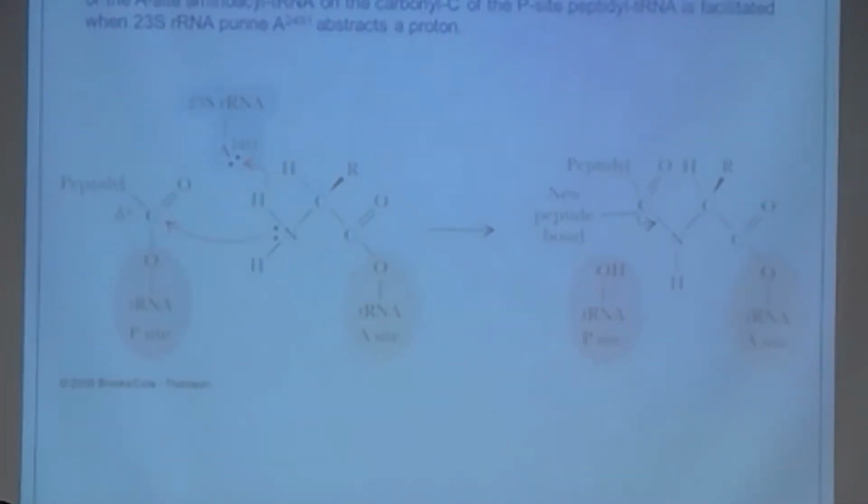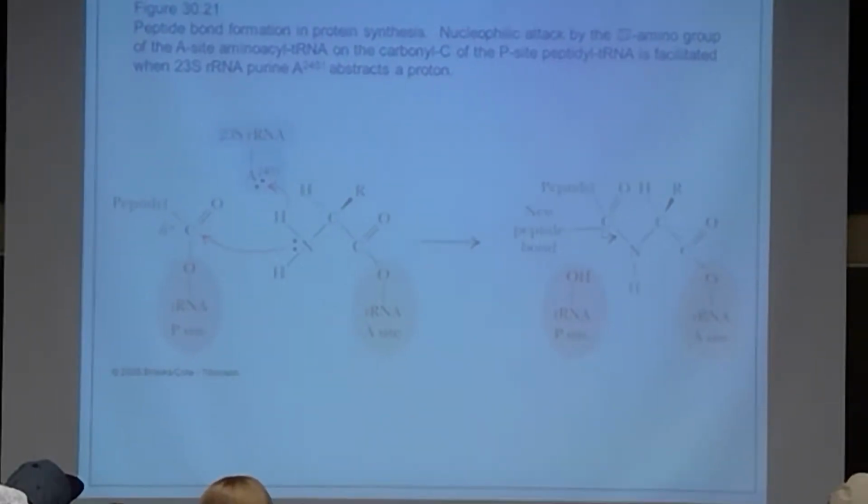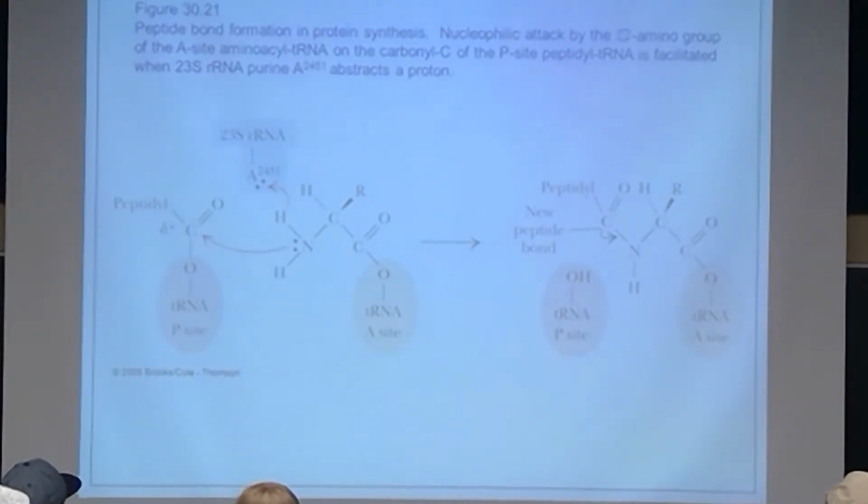So this time the peptidyl transferase, which catalyzes the peptide bond formation, is actually an RNA molecule. It is the 23S ribosomal RNA, which is part of the large subunit of the ribosome.